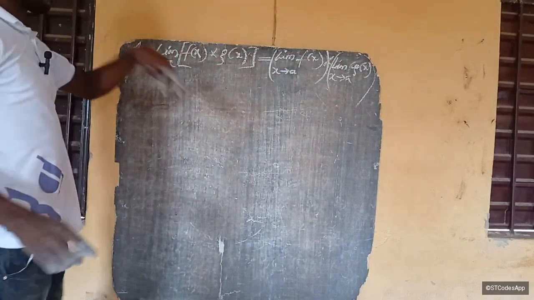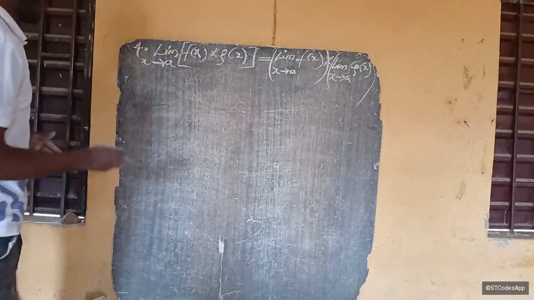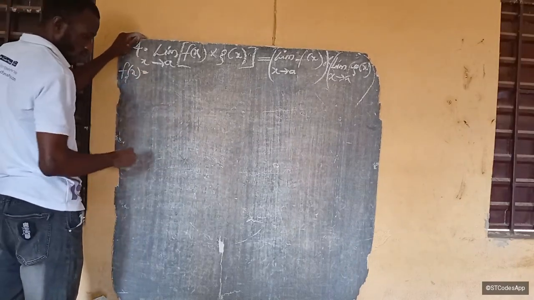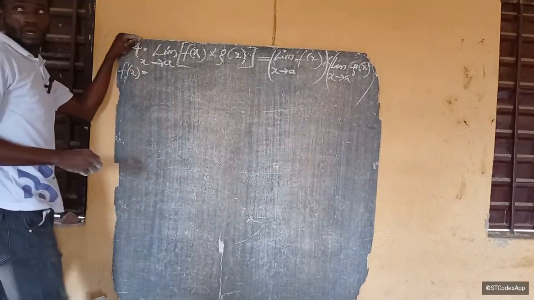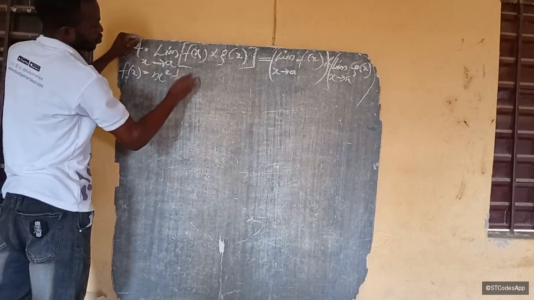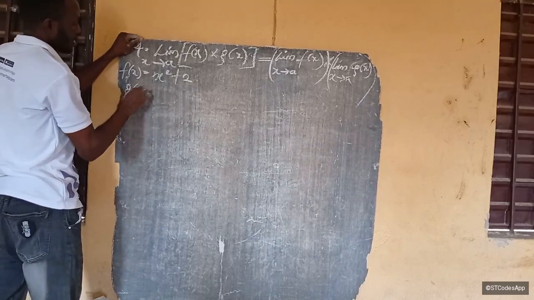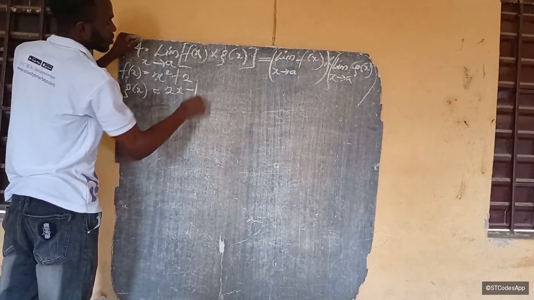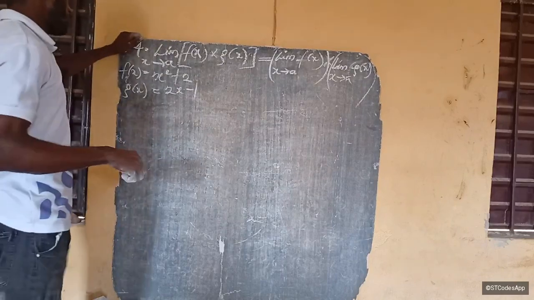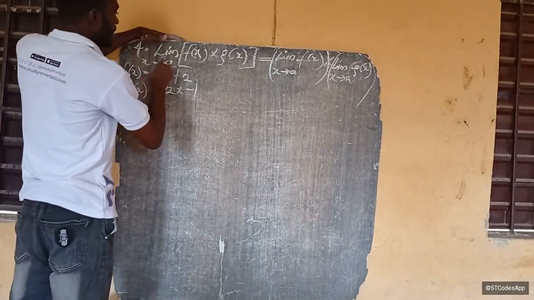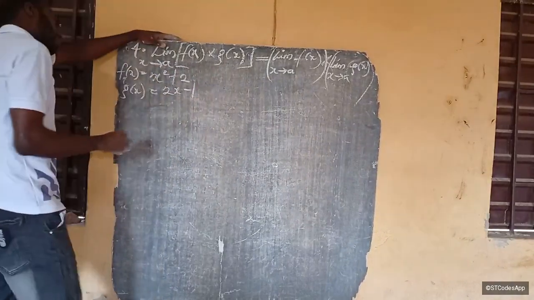Okay? And this makes sense. This makes sense because remember our function f of x we said was x squared plus 2, and g of x we made, let's just use anything, 2x minus 1. Okay, yes, this is what we used. So if this is the case, let's find f of x times g of x.